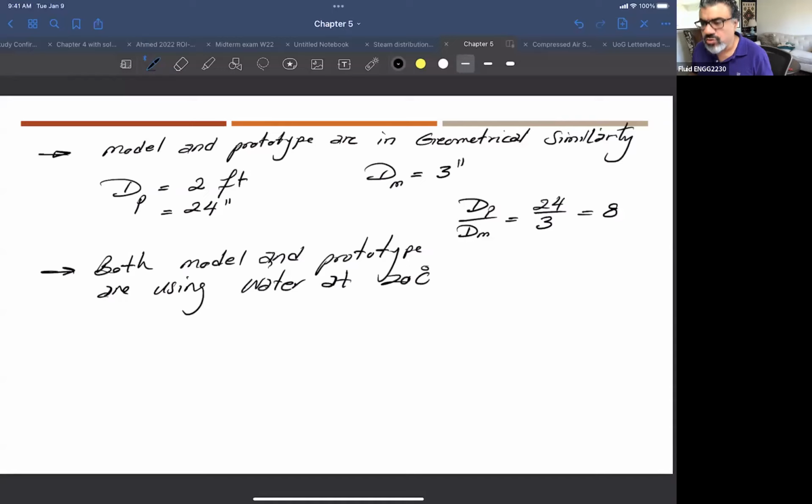Whatever the ratio, just make sure that you know what the scale is, model to prototype or prototype to model. As long as you know dP over dm is 8 or dm over dP is 1/8, it's fine. Okay, now both model and prototype are using water at 20 degrees C, right? Both of them are the same, which means what? What does it mean here? If both have the same density, and what else?